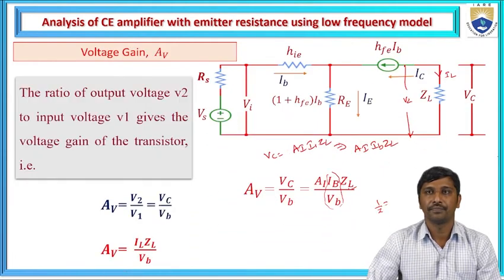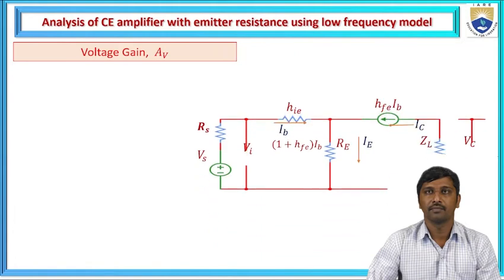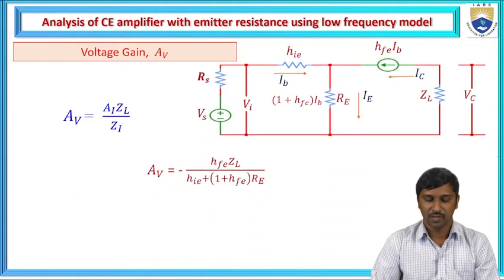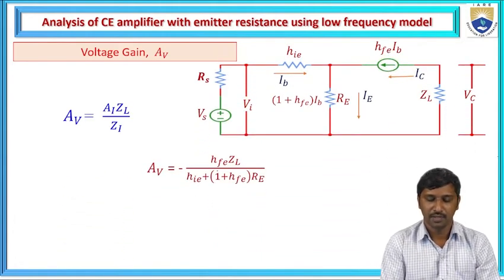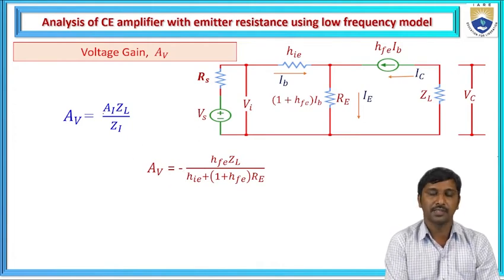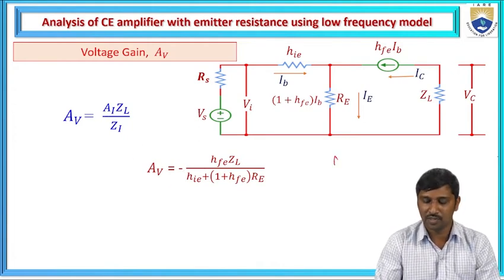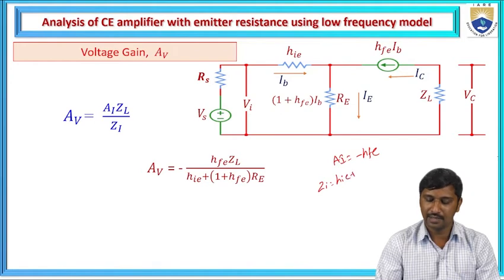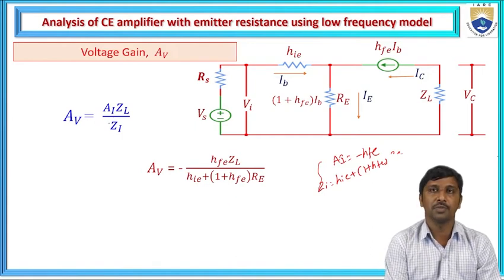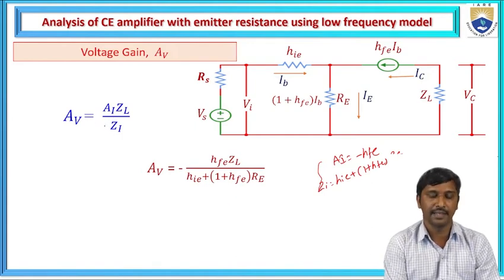Again, I am going to substitute the AI value also. From this approximate model, AI is represented as minus hfe, and Zi is represented as hie plus (1 plus hfe) times RE.